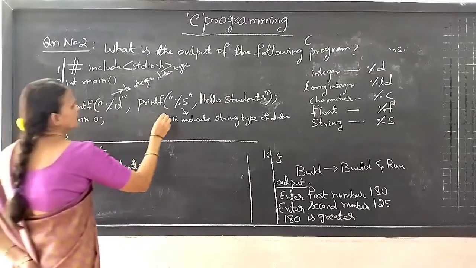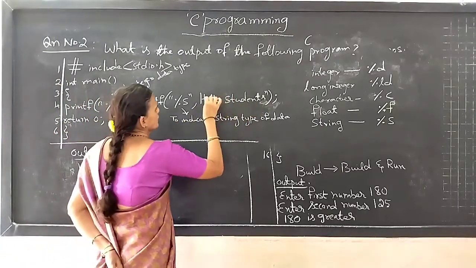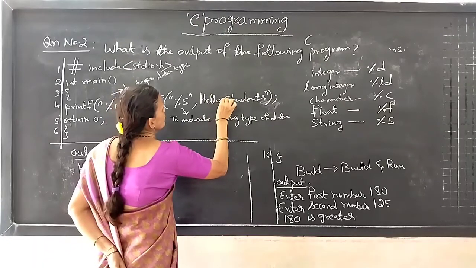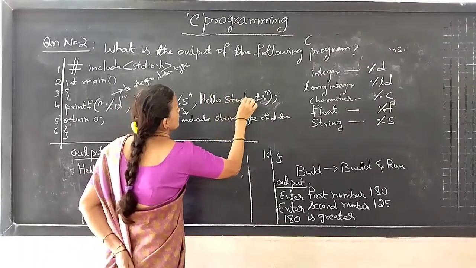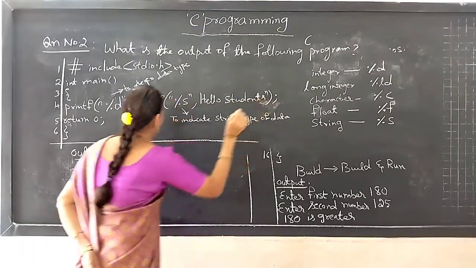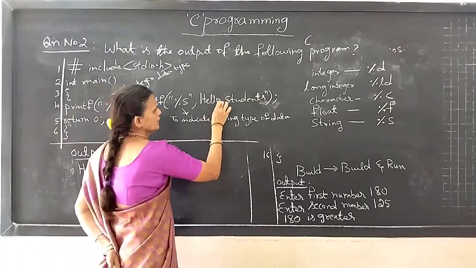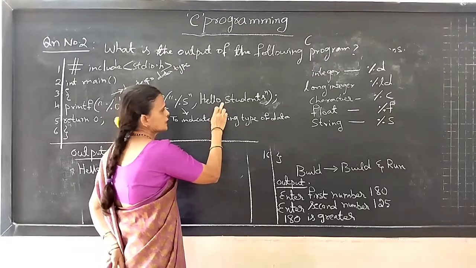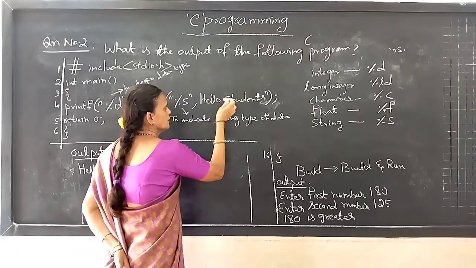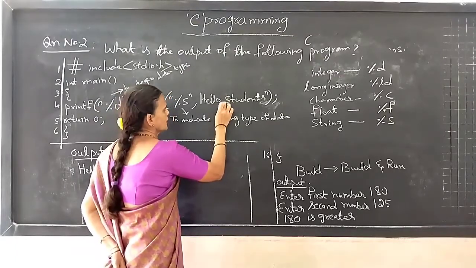Along with that you will get how many characters are there? 1, 2, 3, 4, 5, 6, 7, 8, 9, 10, 11, 12, 13, 14. This is the answer you are getting. I have included a blank space here, and the space is also recognized as one character.